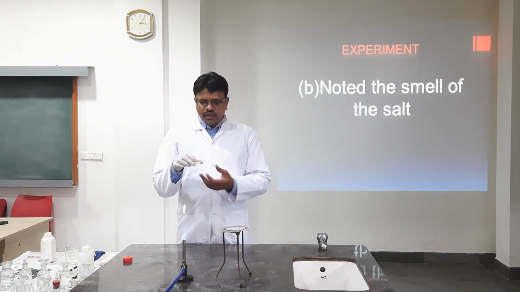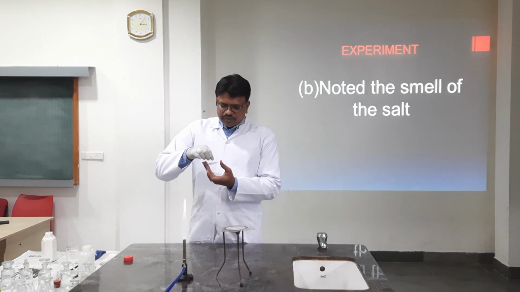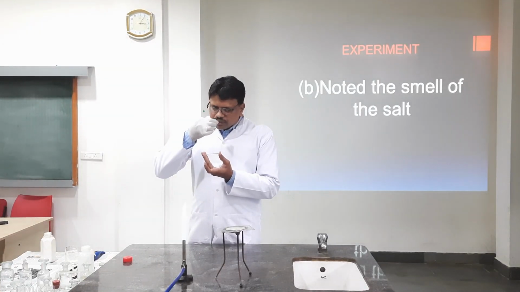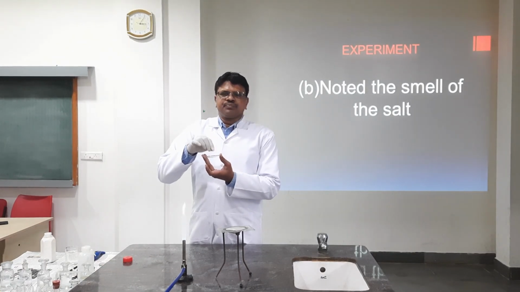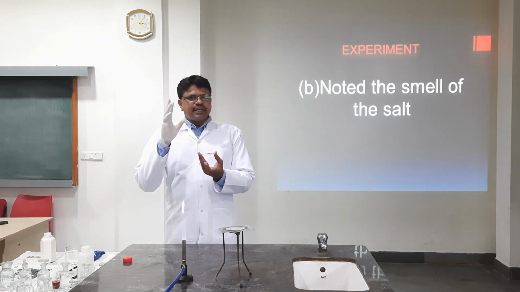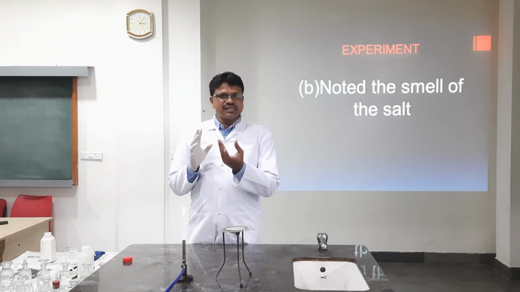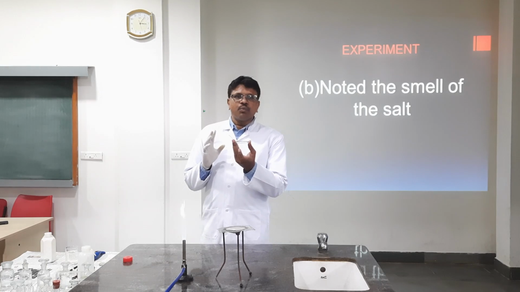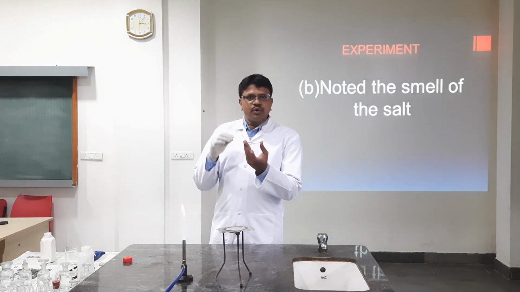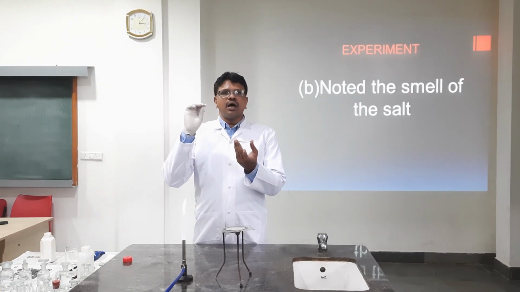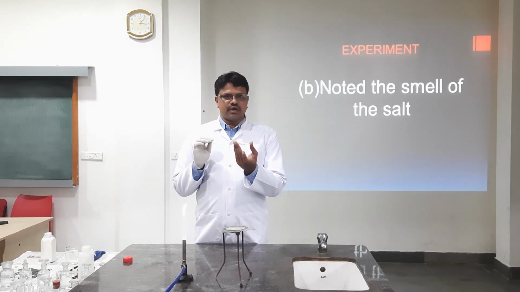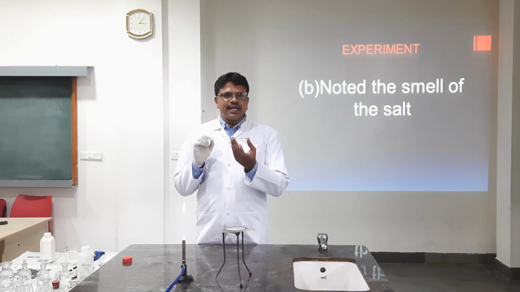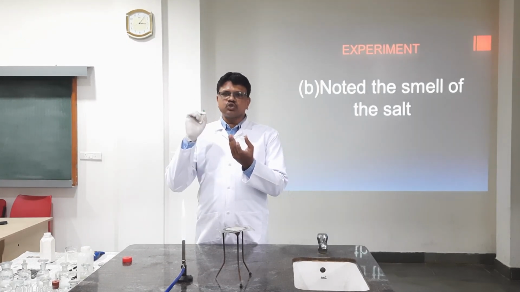When I take the salt on my fingers, crush it and keep it near my nose, generally three smells you may get if it is giving any smell. What are those three smells? One is ammoniacal smell. If you get an ammoniacal smell, there exists ammonium ion, NH4+. Or if you get a rotten egg smell, then it indicates there exists sulfide ion, S2-.